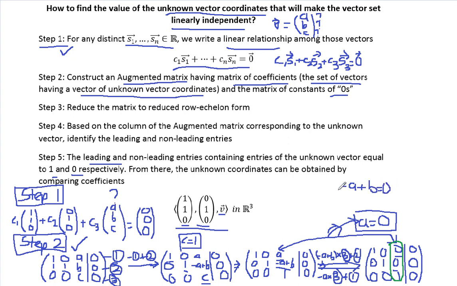Since a equals to 0, therefore b equals to 0. Therefore, our unknown vector v equals to 0, 0, 1. So this is our vector here.